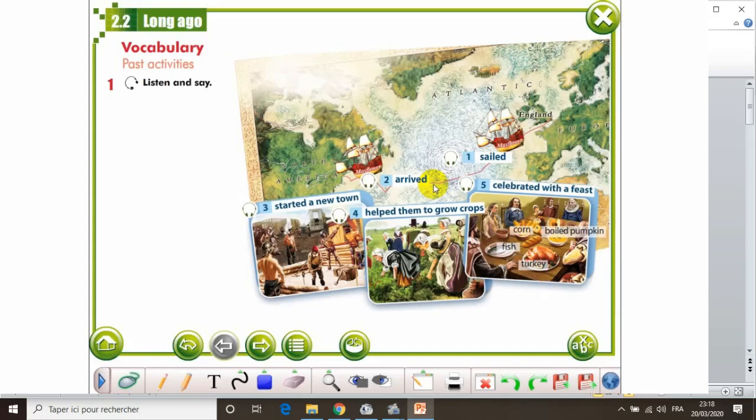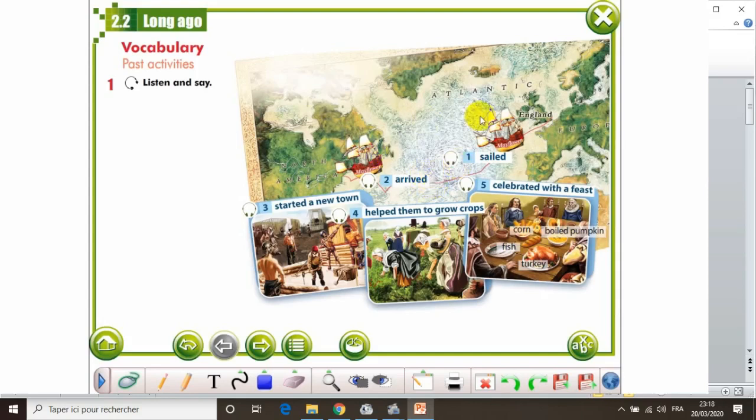Long ago, vocabulary, past activities. So the picture you have in front of you, you have so many things to say about it. So you look at the picture. What do you see? You see a map. You see here the map.